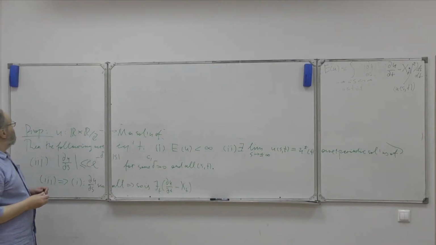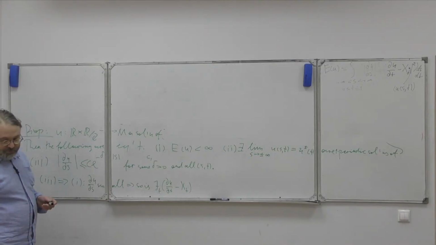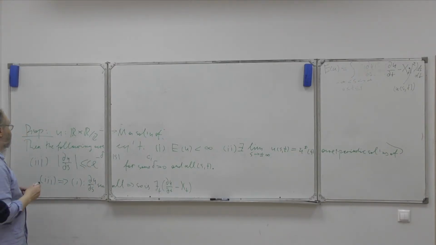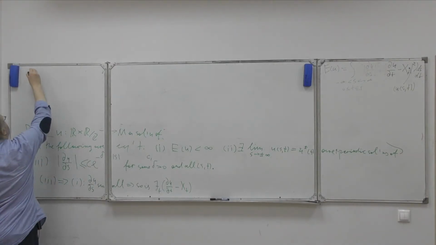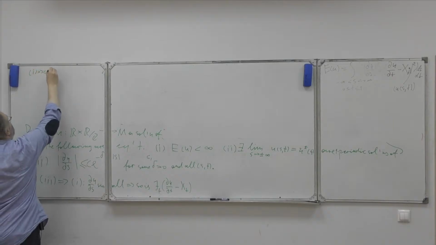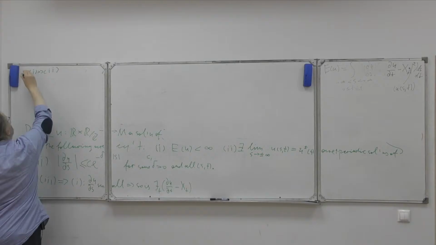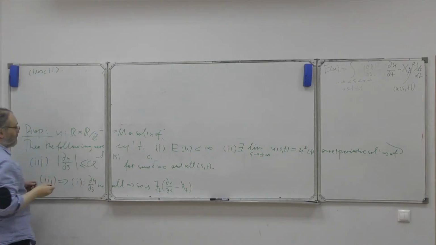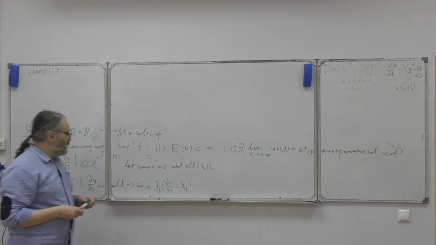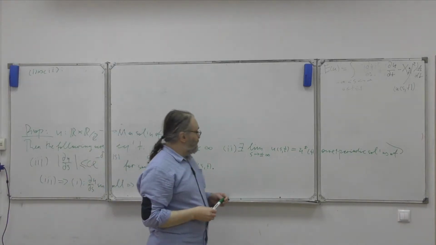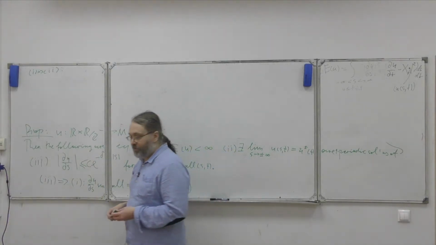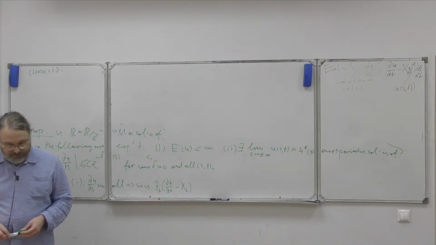Okay, so let's try to prove that 2 implies, no, 1 implies 2. And then 2 implies 3 will hopefully be proved later.